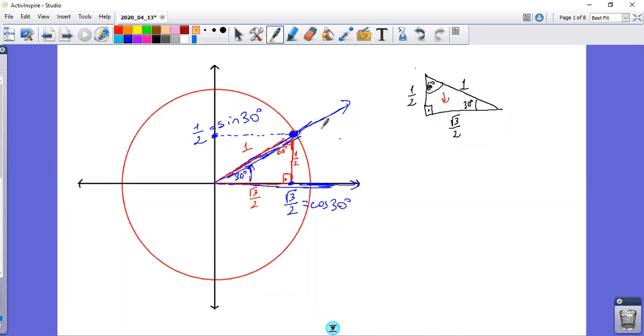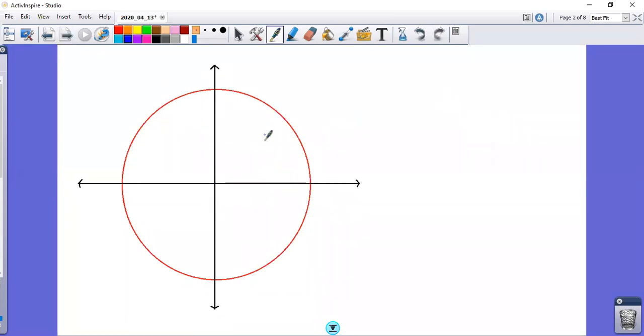All right, so now we can do it with another angle. For example, let's find the sine of 150 and cosine of 150. Okay, now I have my unit circle. This point is 90 degrees, and this point is 0 degrees. Please, whenever you have a question, stop me. 150 degrees is going to be around this point, right?